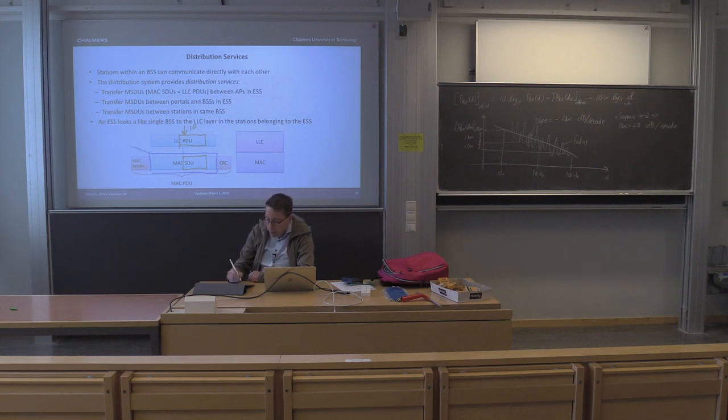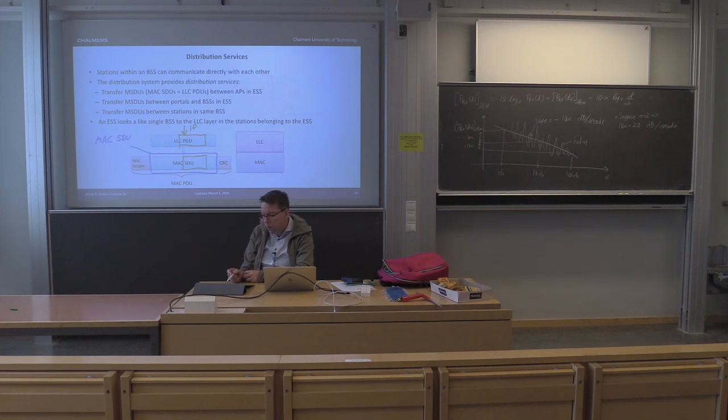It gets very messy on this slide, but this is the MAC SDU. It transfers these between access points, between portals and access points, between stations in the same BSS. And we'll see this creates some interesting addressing issues in Wi-Fi.